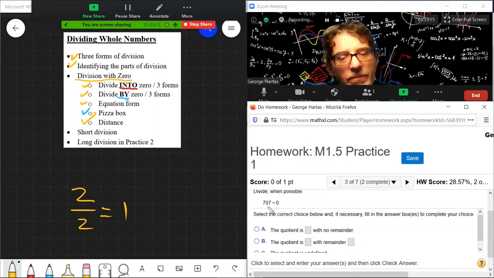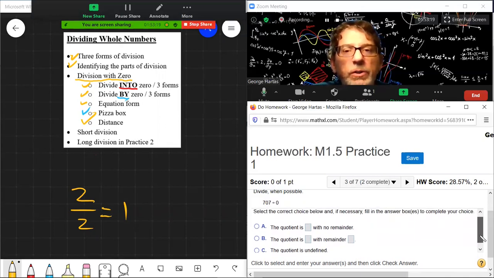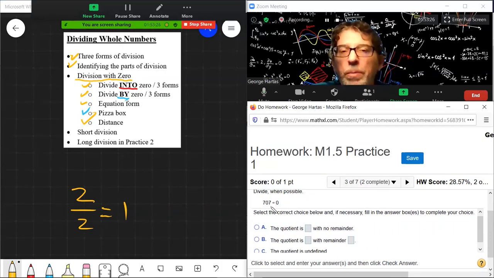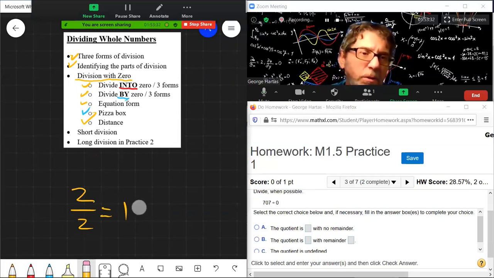See that? So you tell me what it is. Here, are we dividing into 0 or by 0? What are we doing? Are we dividing into 0 or by 0?